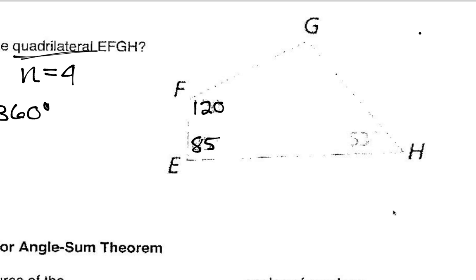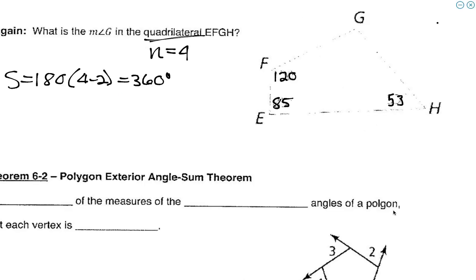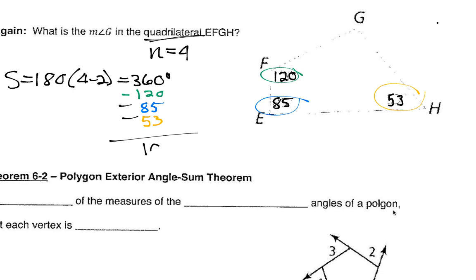So 360 minus 120 minus 85 minus 53, which is 102.